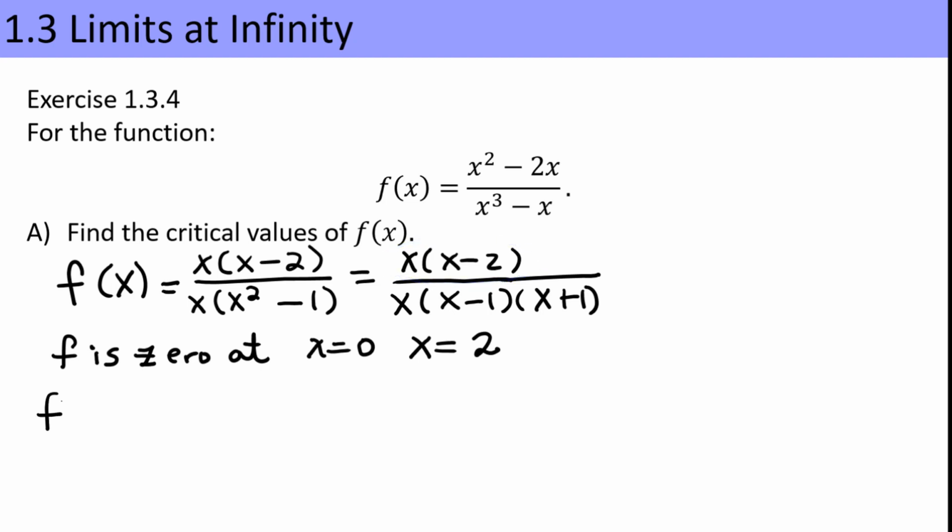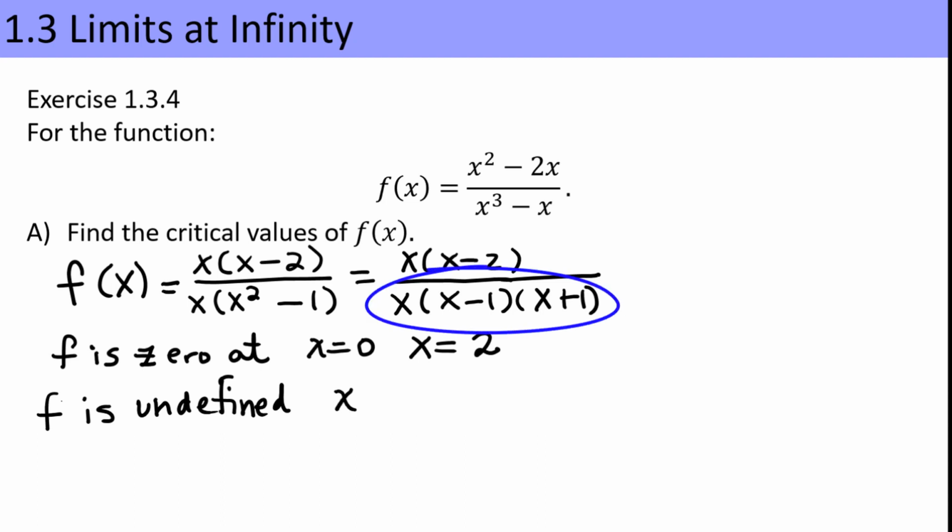And another critical behavior is when the function is undefined. One of the places in which a function is undefined is when the denominator equals 0, and that'll happen at x equals 0, x equals 1, x equals negative 1. Those are the three x values for which, when plugged in, the denominator would be 0.